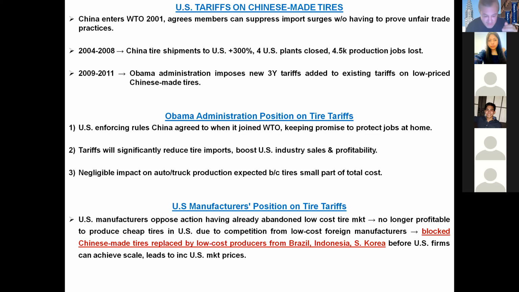So what was the result of the tire tariffs? Well, the result was that tire manufacturing jobs increased by 1,200. It's not to say that 1,200 jobs is not a great thing, but relative to what you spent and what you were looking to accomplish, it seems like a bit of a failure, right?